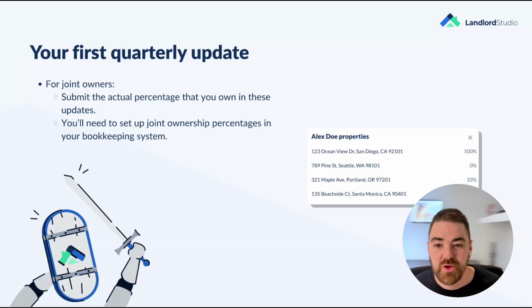Again, for joint owners, you will need to submit the actual percentages that you own in these updates. We do that in our system. And this is really important because once you've set it up, you need to work out if you're going to be falling into that qualifying income threshold based on what you own percentage-wise.